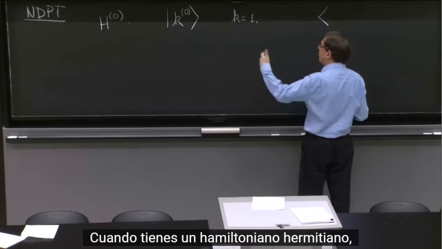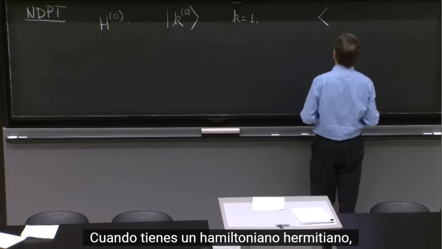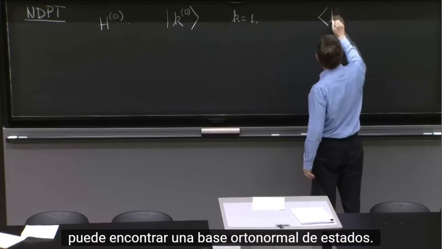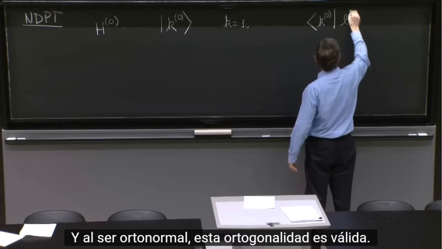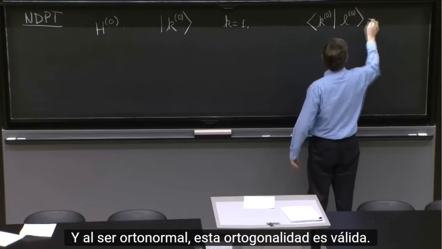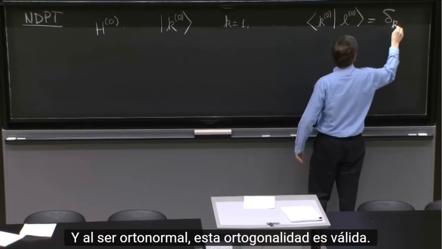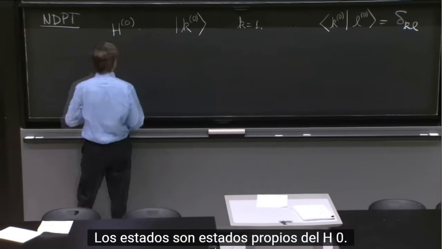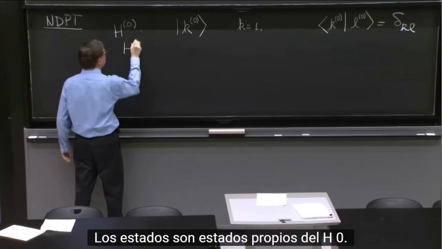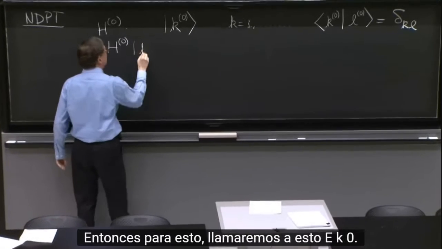When you have a Hermitian Hamiltonian, you can find an orthonormal basis of states. And being orthonormal, this orthogonality holds. The states are eigenstates of H0.